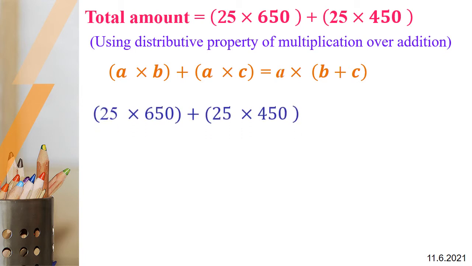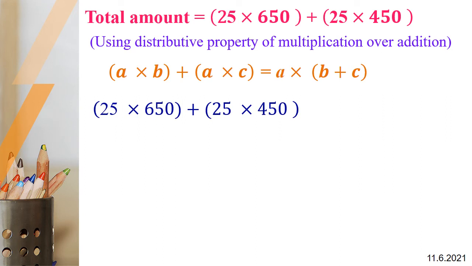So 25 × 650 + 25 × 450 can be written as 25 × (650 + 450). Here we are using distributive property of multiplication over addition.